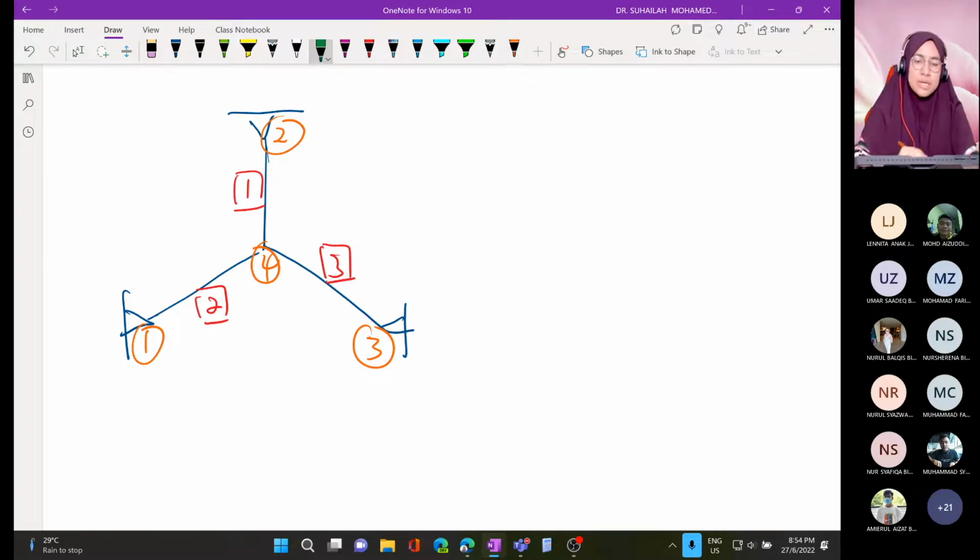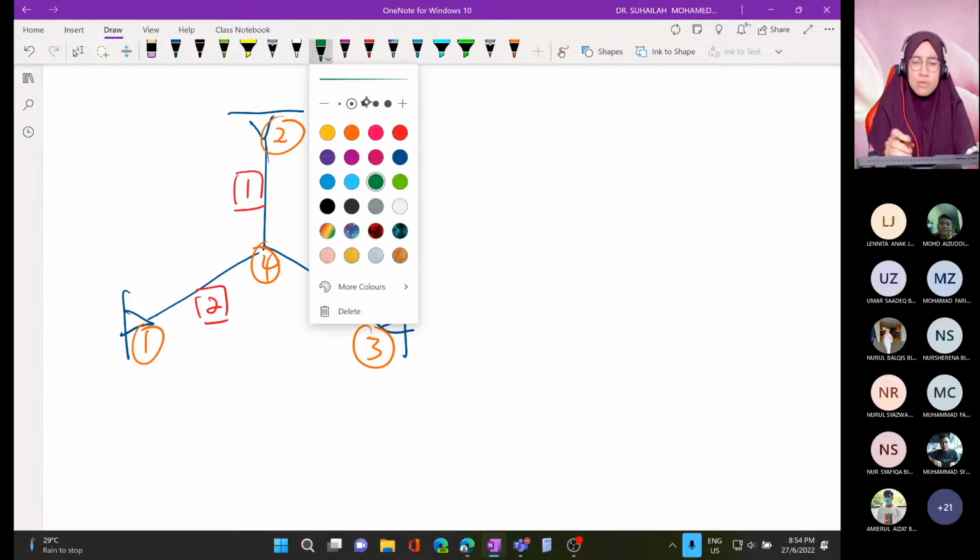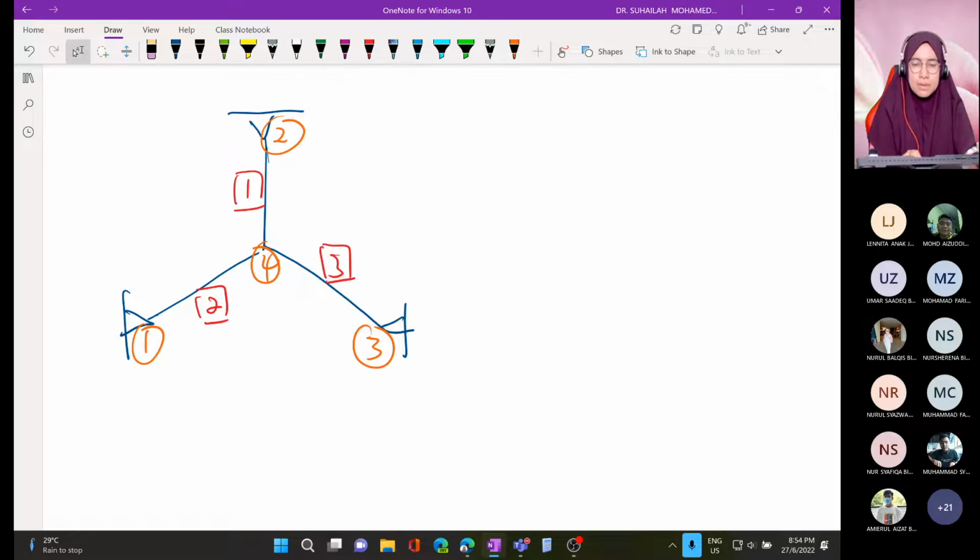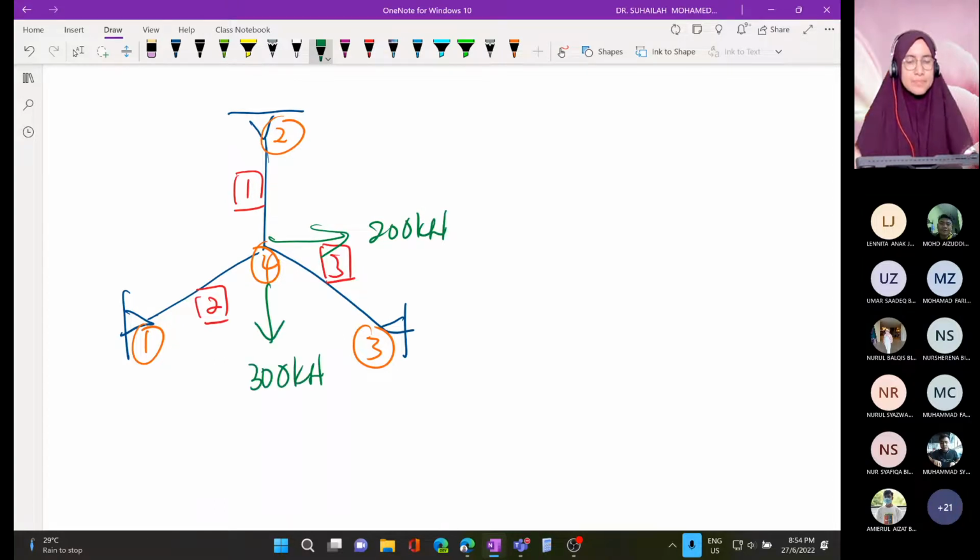So we put loading directly. Later after I explain this concept, we will look at an example from the notes. Okay, let's say here there is 200 kilonewton, 300 kilonewton loading.